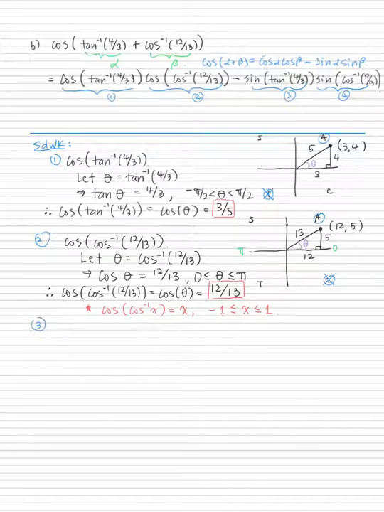We have sine of tan inverse of 4/3. So we're going to start off the same way. So the tangent is what, negative pi over 2 to pi over 2. So let me just write it out.